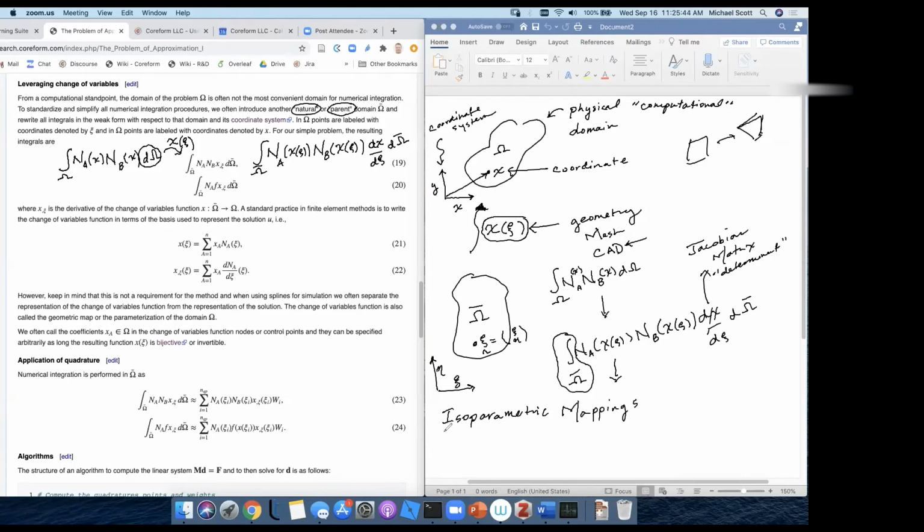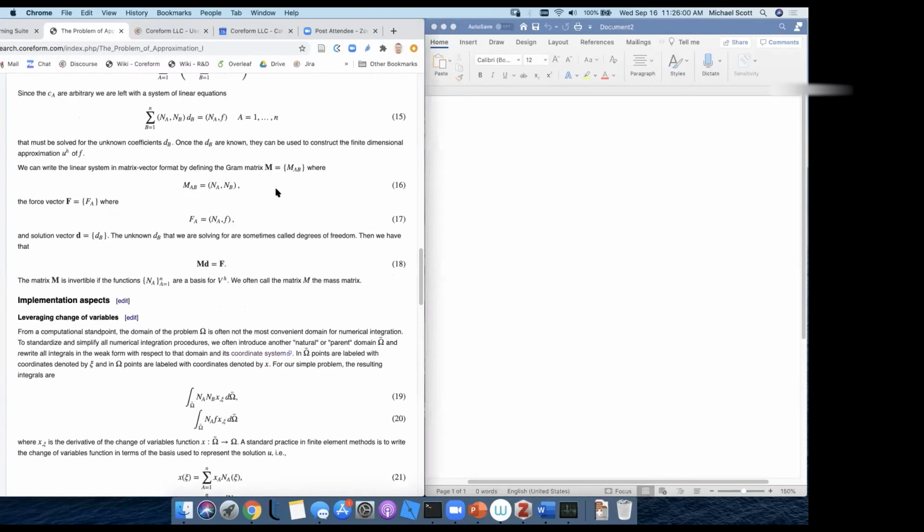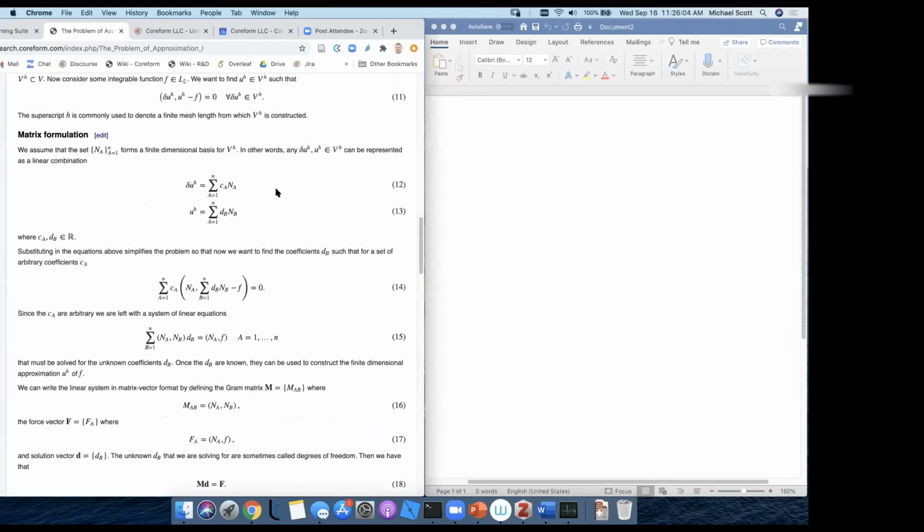An isoparametric mapping means that if your displacement, so if we come over to the lecture notes, we scroll up, what we notice is our solution that we're searching for, this U, is the thing we're searching for.